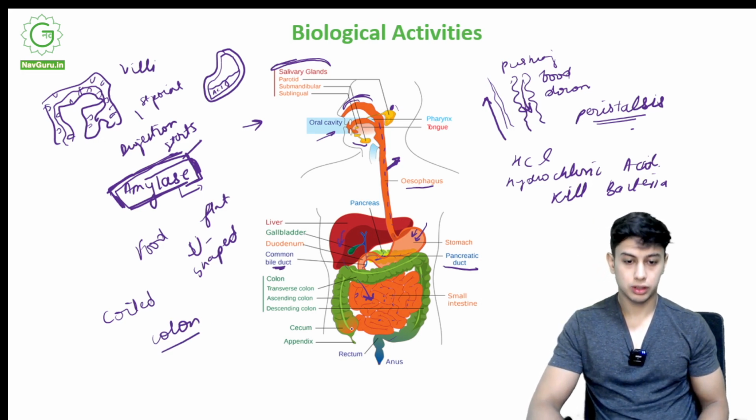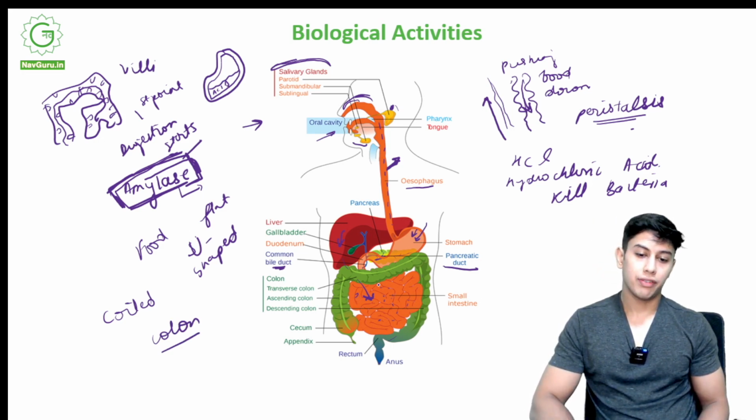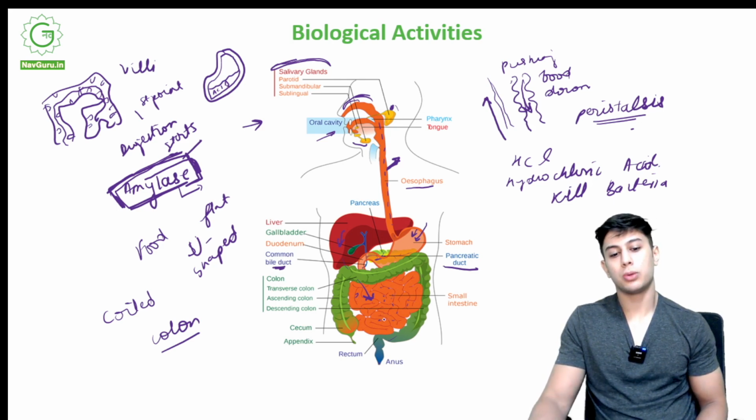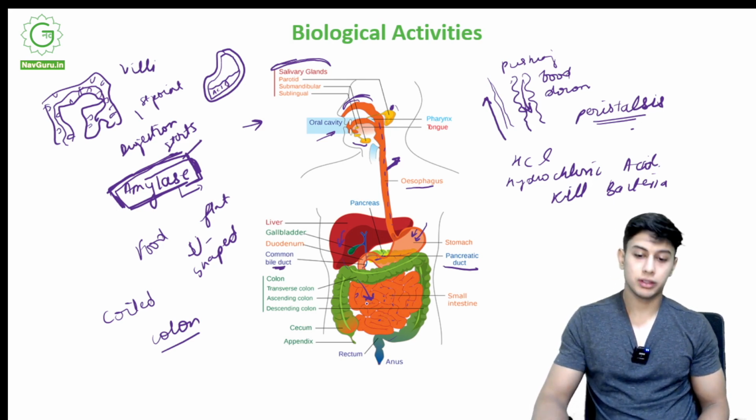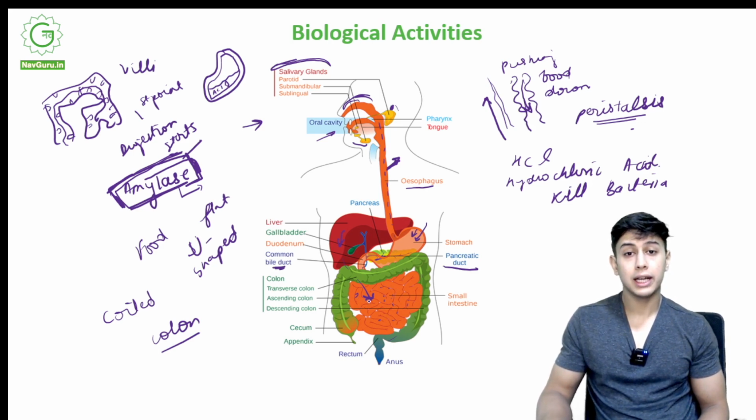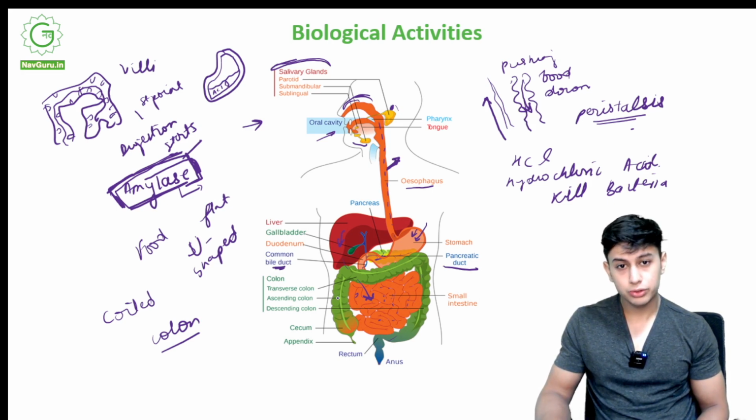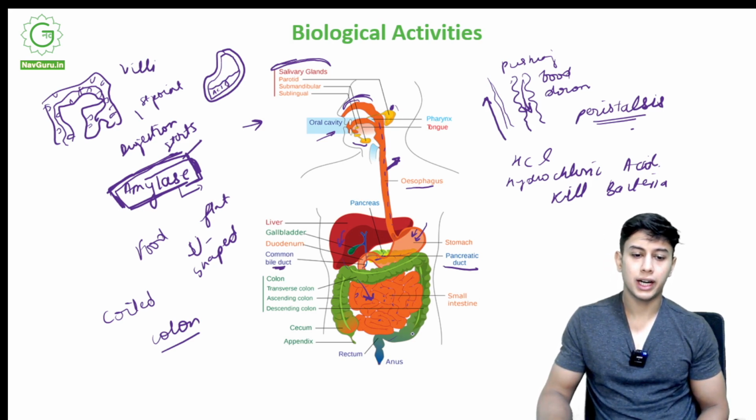After the food has been processed through the small intestine, the large intestine will take water and electrolytes, all the salts, the water from the food, making it a very dark waste material, which is then excreted out.